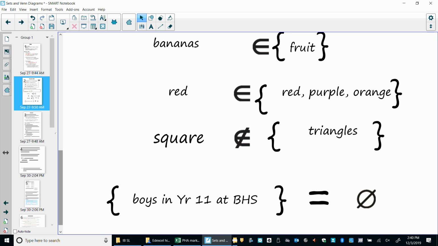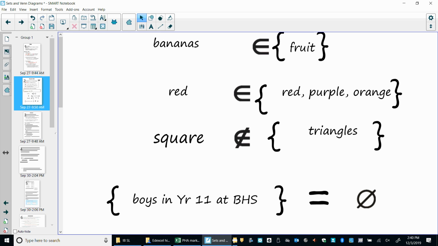But if you had red as a set, that would indicate that red is probably going to be in your set. Therefore, it's not an empty set. An empty set is just something that doesn't exist. So what things would have nothing in them? What can you not list anything in? Boys in Year 11 at VHS would be one of those examples.